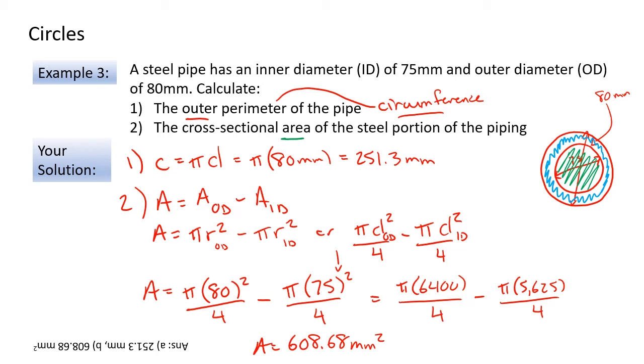A 4-inch pipe would be 16. So a 4-inch pipe can carry almost twice the amount of volume of water, of fluid, as a 3-inch pipe. And that's because of the relationship when it comes to the area of circles.